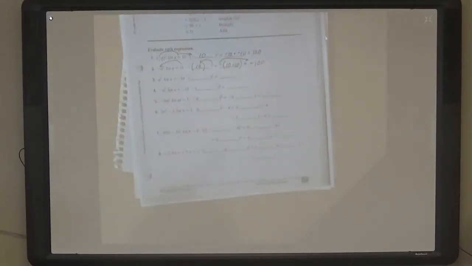It makes it negative at the end. Instead of doing negative 10 times negative 10, which equals a positive answer, this one is negative, and then parentheses, 10 times 10. And so that makes it a negative answer.